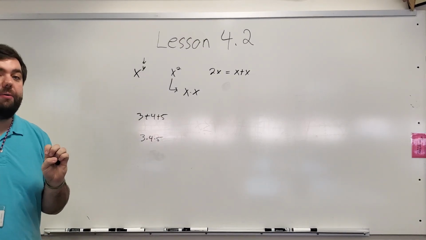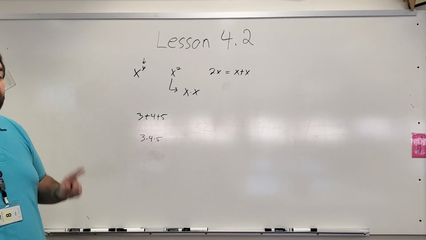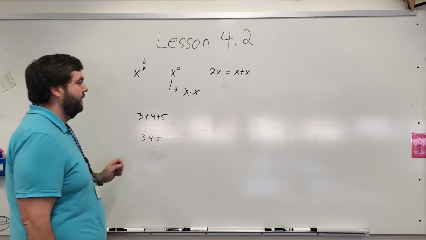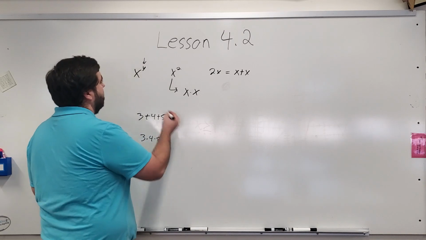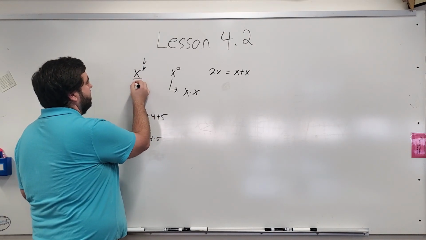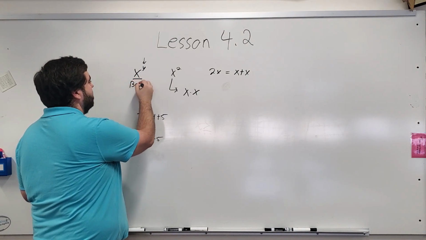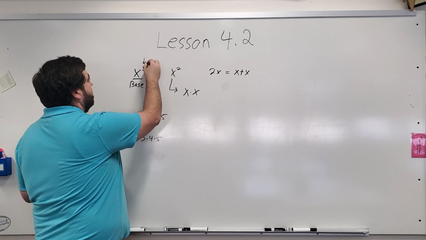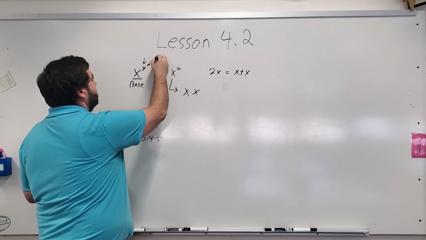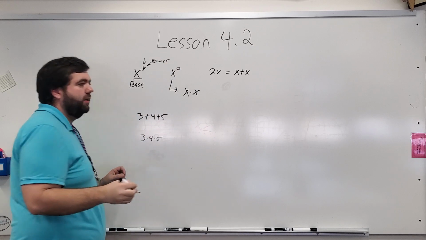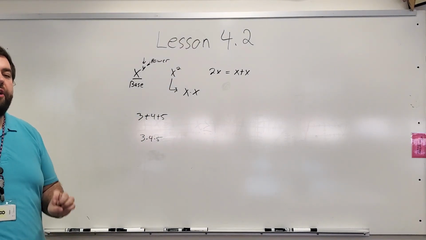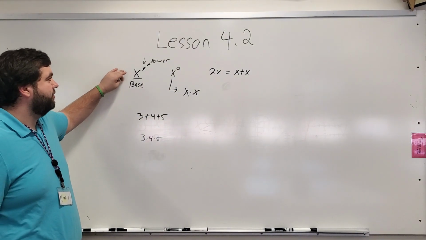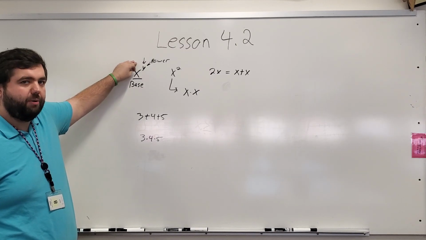Next, we need to talk about like terms. So what like terms are, so we have this x is known as our base, and this is our power, right? To be a like term, you have to have same base and same power.